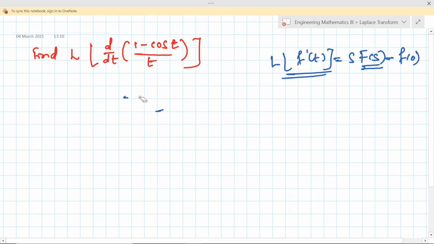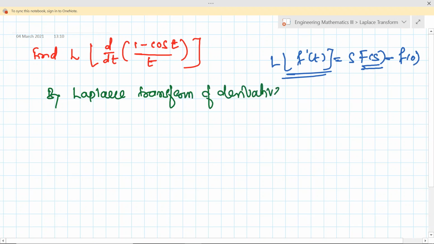So by the Laplace transform of derivative we have, Laplace of f dash of t, where f dash of t is nothing but d/dt of f of t.